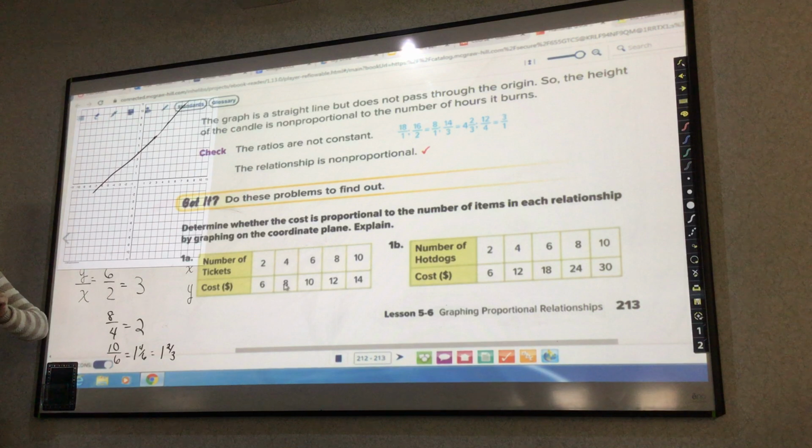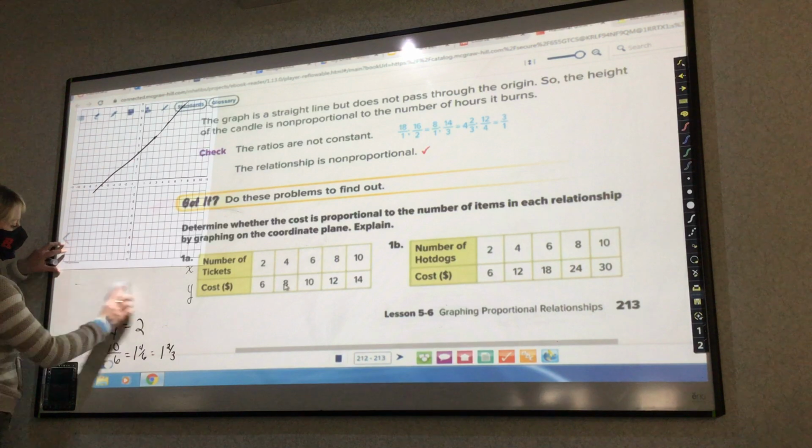So let's look at 1b. Go ahead and just start graphing it on your little coordinate graph that I gave you.